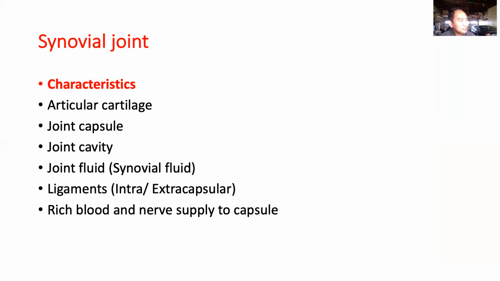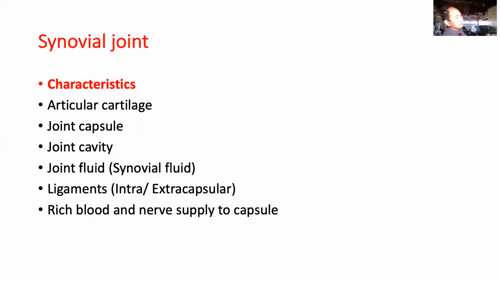What are the characteristics of the synovial joint? So the bone ends which form a joint are covered with hyaline cartilage. So the joint bone surfaces are covered with the cartilage. That's number 1.